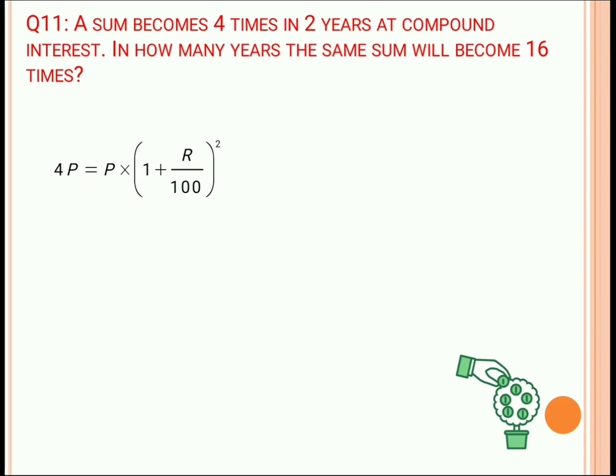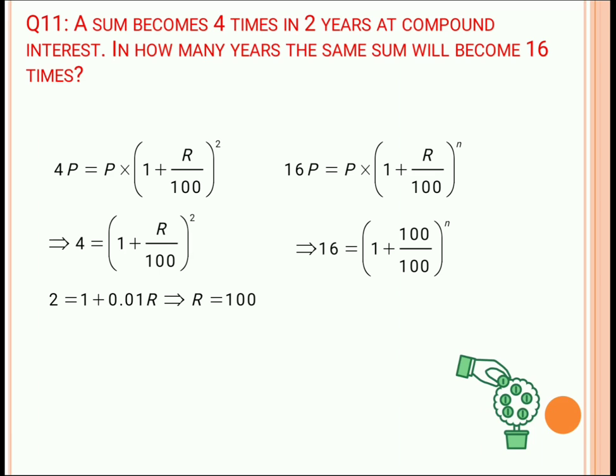Amount is equal to p into 1 plus r by 100 raised to 2 because number of years is 2 years. So from this equation, value of r is equal to 100. Now we will use this value of r in the next statement, that is when the sum becomes 16 times, amount is equal to 16p, which is equal to p into 1 plus r by 100 raised to n.